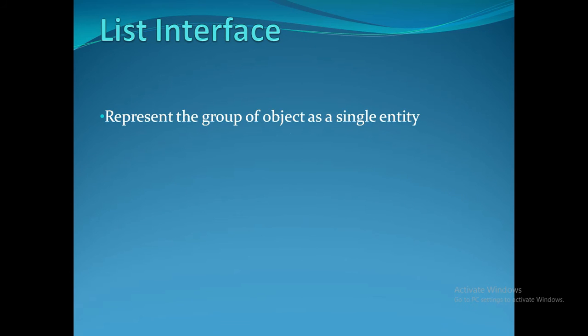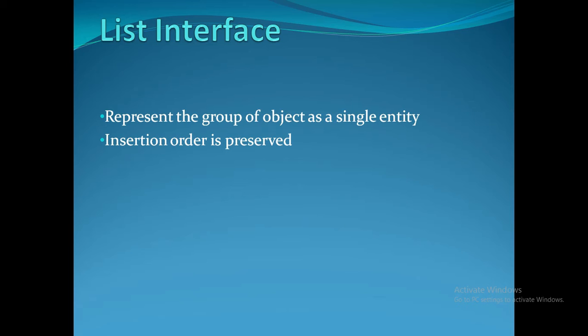The first one is that insertion order is preserved. We have seen that in a collection we can perform multiple operations like addition of new entities into the collection, then remove, add all, remove all, isEmpty, size. Those are various methods already present in the collection interface.